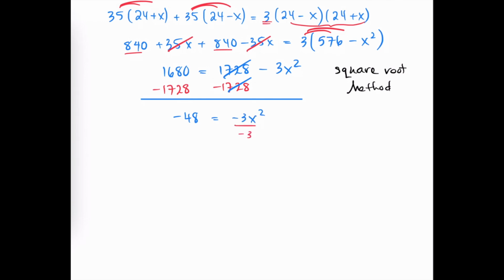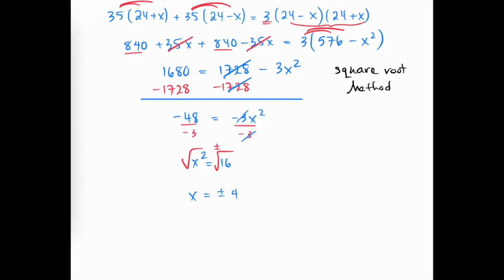Now we can divide both sides by negative 3. I'm also going to switch sides here to say that x squared is equal to positive 16. And now we can take the square root of both sides. When I take the square root of both sides, it comes along with a plus minus, and that plus minus needs to go on the constant side. So now we have x is equal to plus or minus 4.